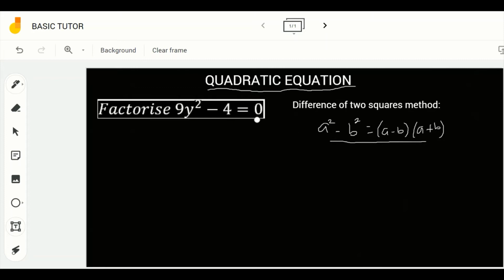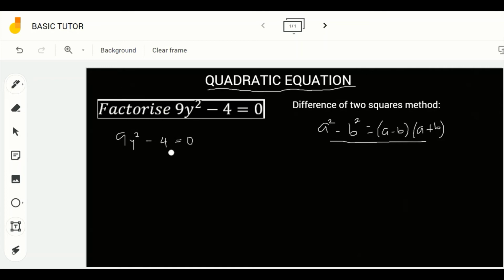Now I can use this to solve this question. Here I'm given 9y squared minus 4 equal to 0. Now to factorize is to write in the factor form, is to write as a product of two factors.